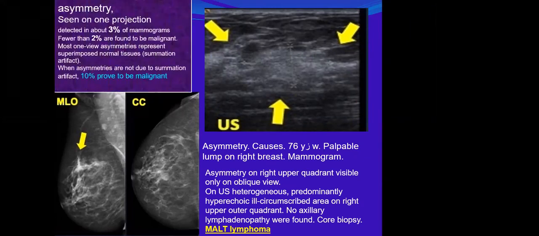Okay, so asymmetry seen on one projection, as we mentioned, if it is not summation artifact, the probability of being malignant is 10%, even more than the focal asymmetry.